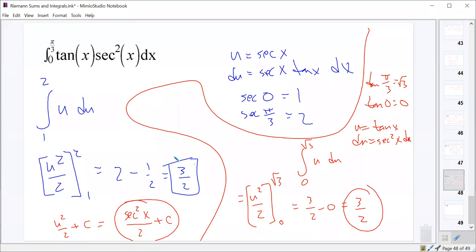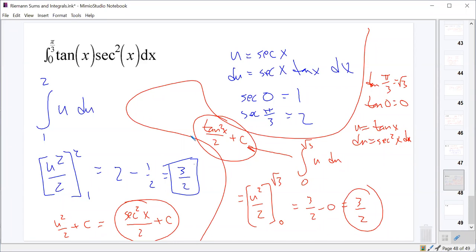But what if this hadn't been a definite integral? What if it had been an indefinite integral? Our integral here would have been u squared over 2 plus a constant, which would have been tangent squared x over 2 plus a constant. True?